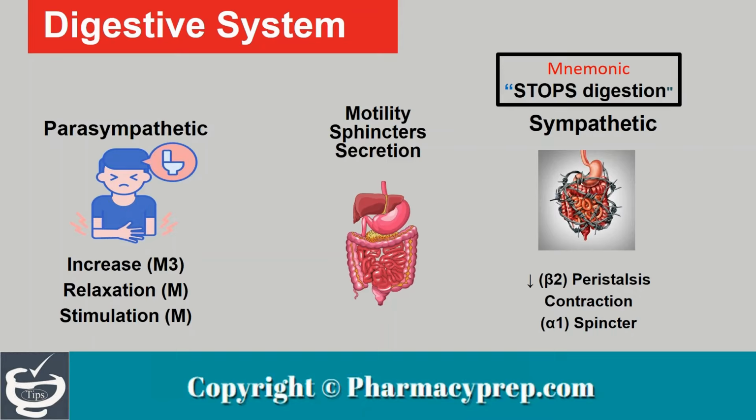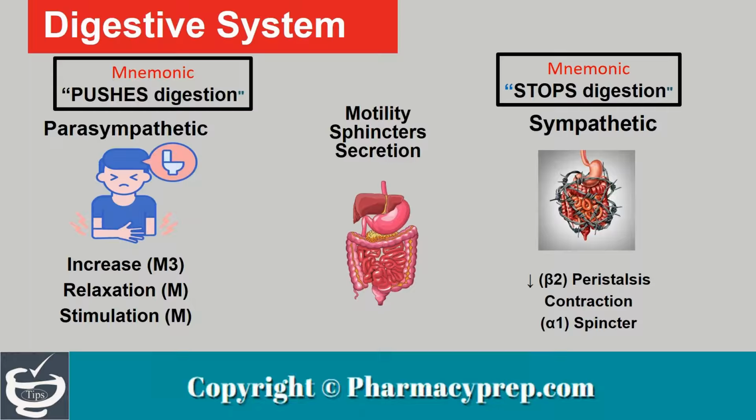So the mnemonic for sympathetic gastrointestinal system: sympathetic stops digestion. S for stops. Parasympathetic, P for pushes the digestion, means increase the digestion, which is also referred to as rest and digest.